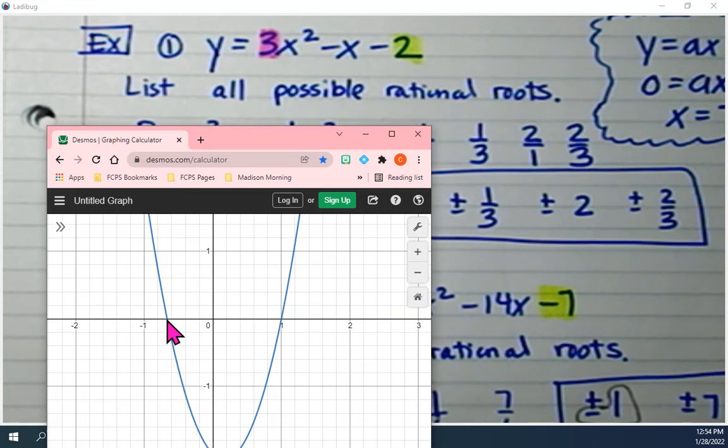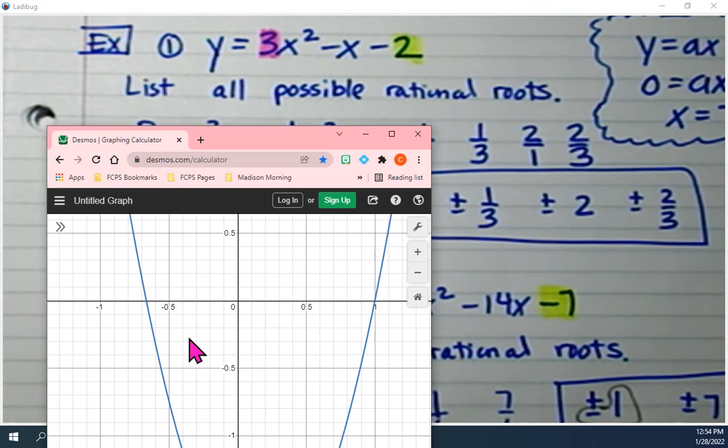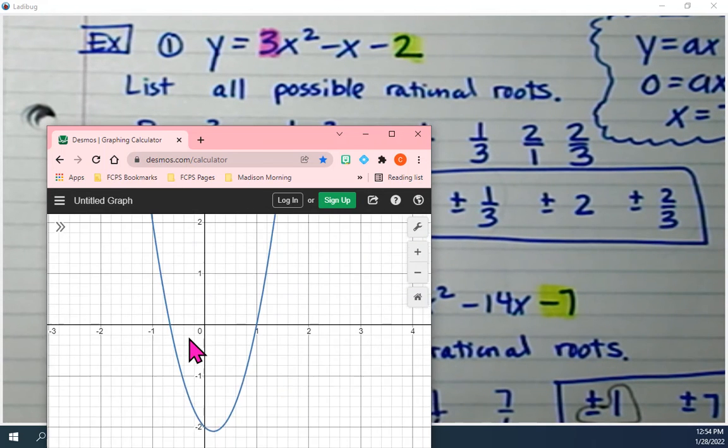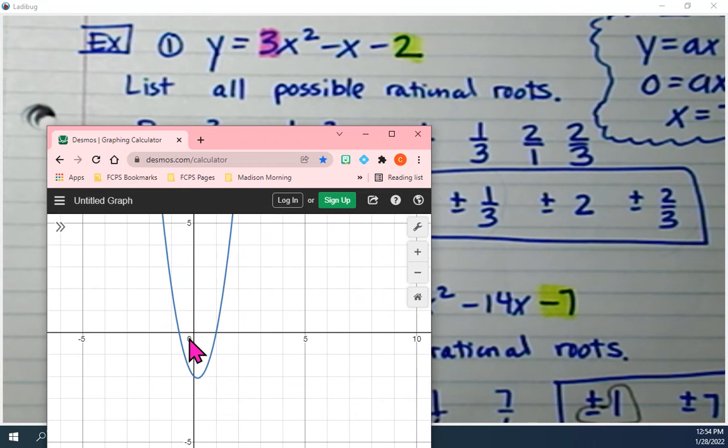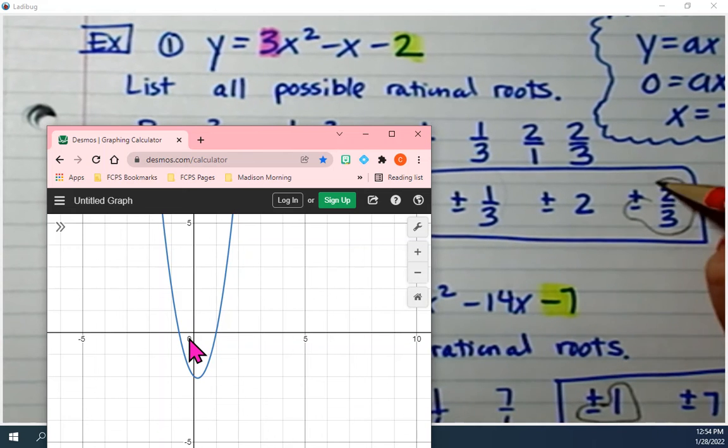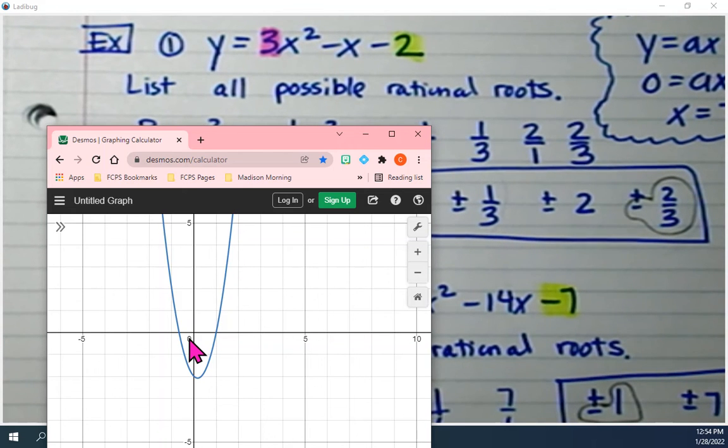Oh, okay. Nice thing about Desmos, -2/3. Now look, my only fraction choice is 1/3 and 2/3. So I'm pretty sure that number looks closer to 2/3. I'm just guessing which one I think is going to work. So that one is -2/3. So based on the picture, you are going to narrow your guesses down to what you think will actually work.